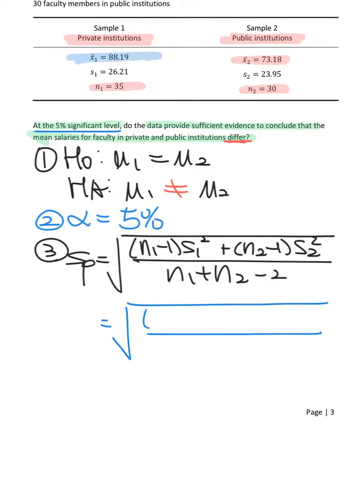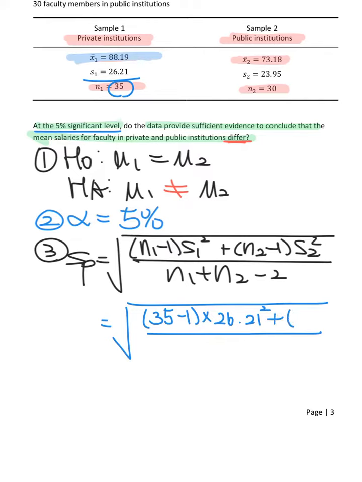How many n1? 35, thank you. Minus 1. Can you see s1? 26.21. Don't forget to take the square. Add.